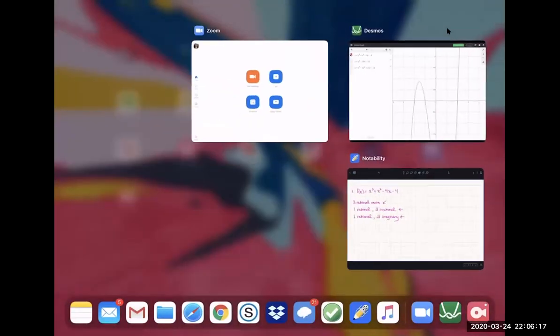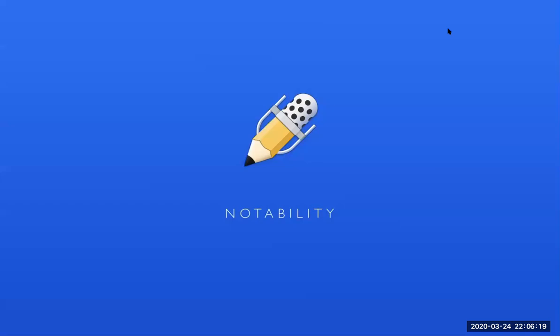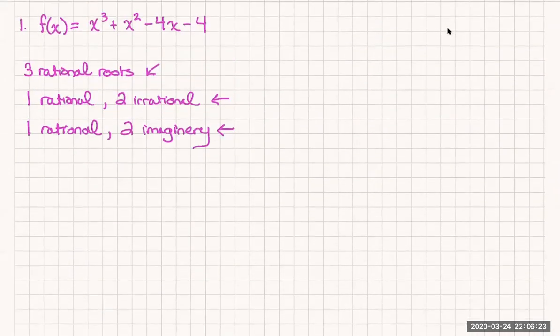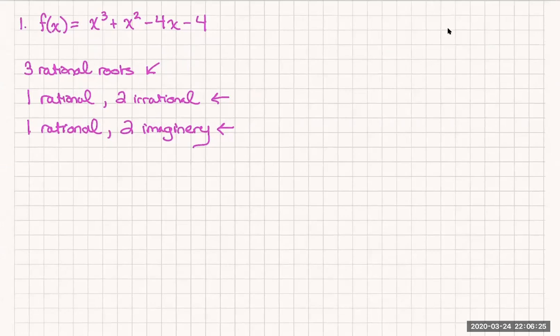So now that I know where it crosses, I can say, okay, I have a situation right here whose zeros are -2, -1, and 2.